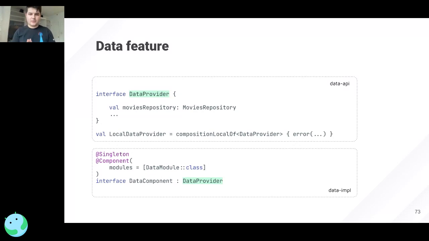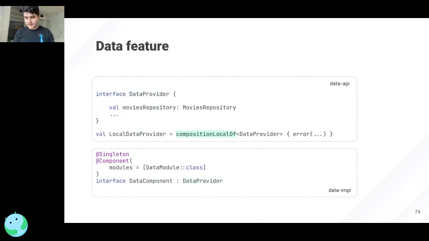In this case, we have a data API Gradle module, which defines only the interface, the data provider, and we just define an abstract property, movies repository. So basically, this is a repository which will provide us some movies, and we don't care where it gets it from. Then in the data implementation, we'll just have this data component, which implements this data provider interface.